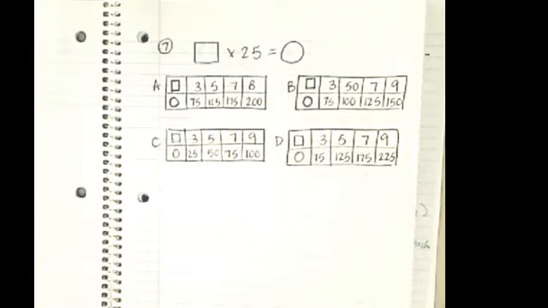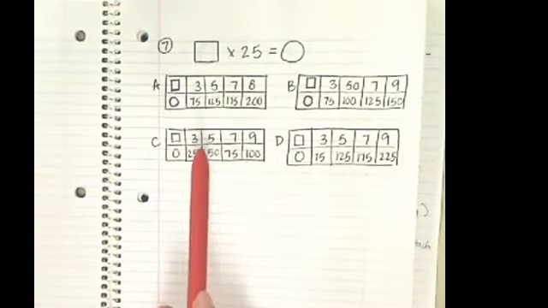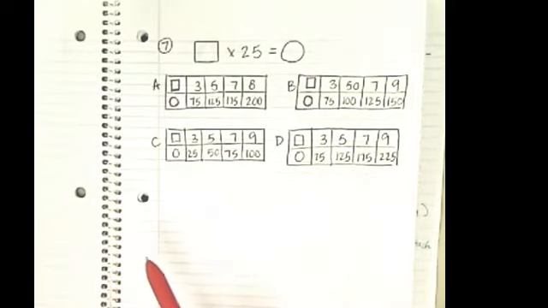So when you have a problem like this, where you see an equation in 4 different tables, it's going to ask you which of these tables has data that will match that equation right there. You definitely need to check all of the values to make sure that everything works. It has to work for every value in the table in order for it to be the table that matches that equation. So let's look at A really quick.